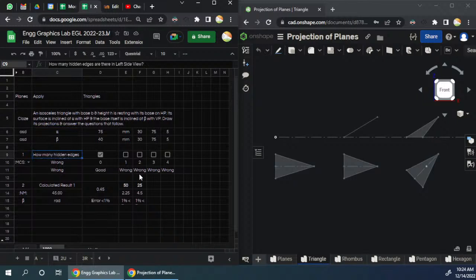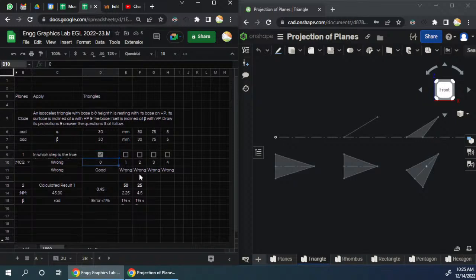So in which true shape of the triangle visible? So there are 3 steps.